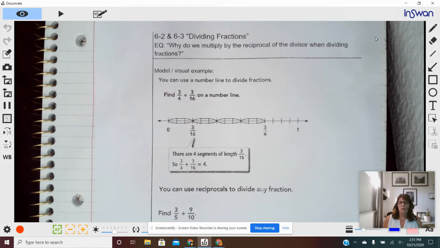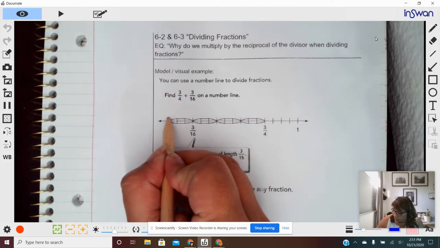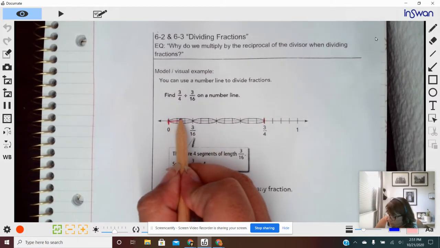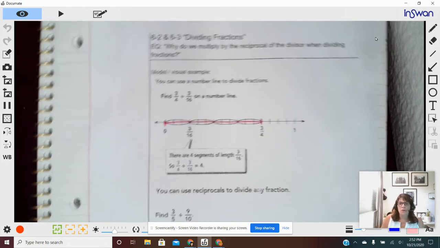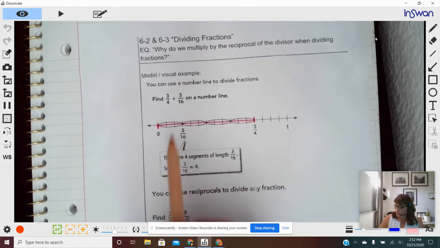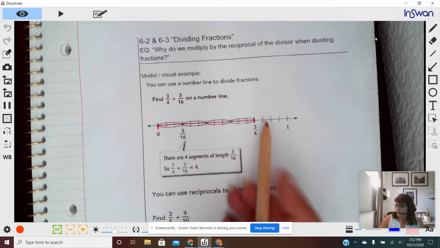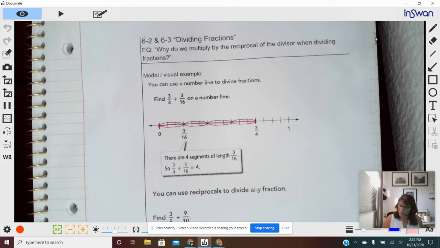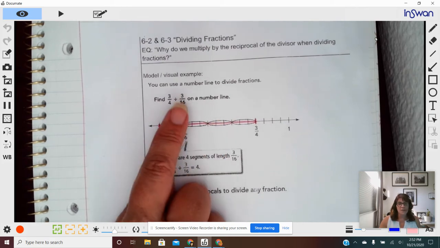Okay. So this model starts off with a full length that's the size 3/4. So there's 0, there's 3/4, there's 1. If you counted it out, this is 3/4. And you're being asked to divide it into sizes that are 3/16.